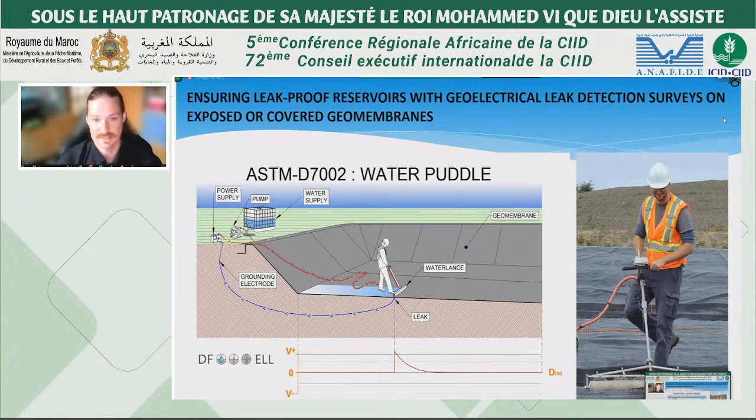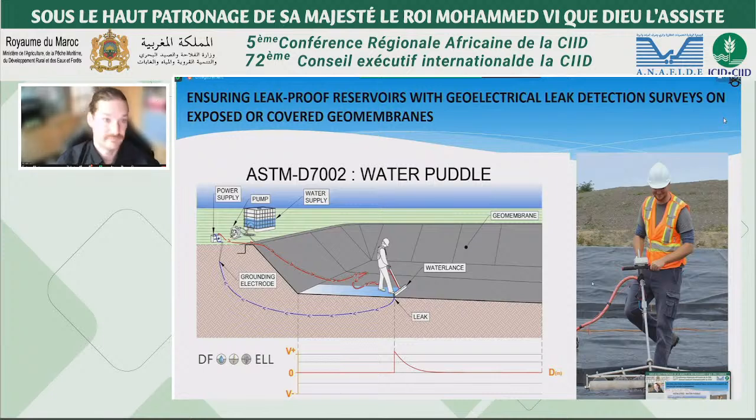But as soon as there's a defect or a little opening in the geomembrane, the current is going to go through that opening using the water as a bridge, and there's going to be an alarm saying there's an electricity loop going on. So that's the schematic on the bottom. You just have zero signal, and as soon as there's an opening, there you go.